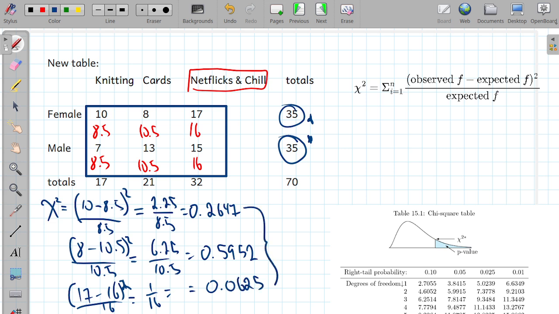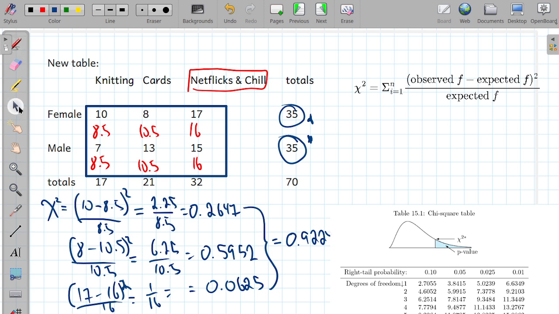Okay, so I'm going to add these up. So that plus 0.5952 plus 0.2647 is 0.9224. But because of the fortunate circumstance of having equal sample sizes, I can times that by 2.